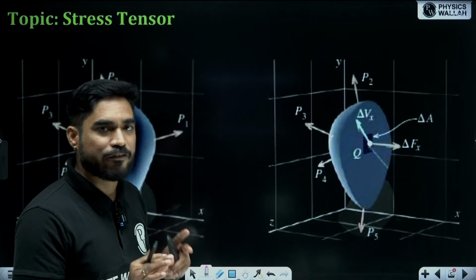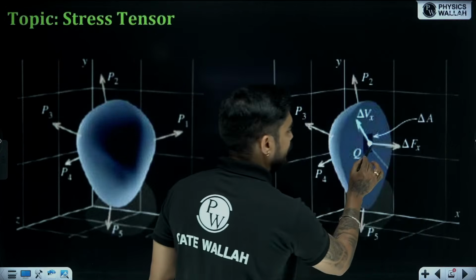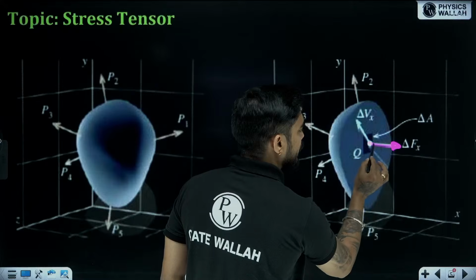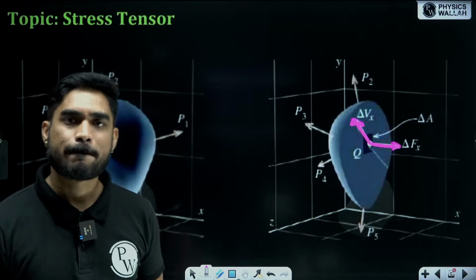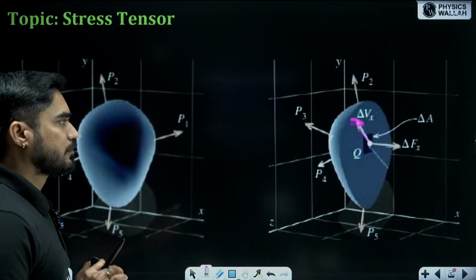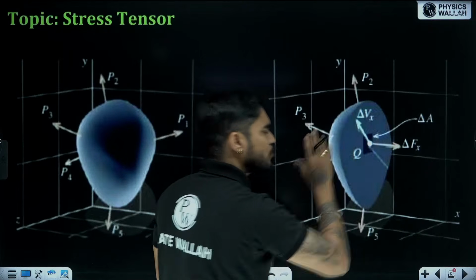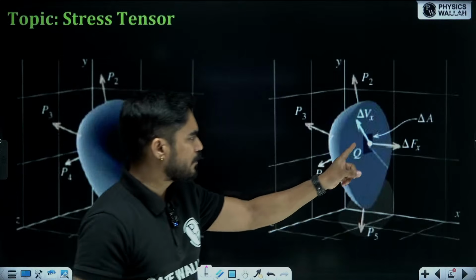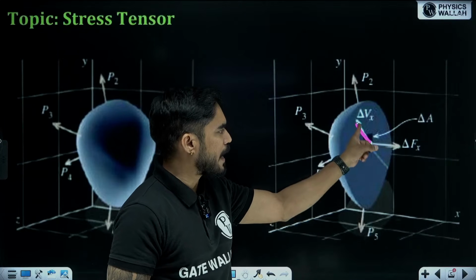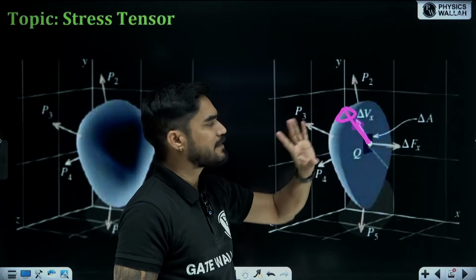Now all these internal forces can be resolved into two components. You can have two resultants of all these internal forces. One will be normal to the plane and one will be parallel to the plane. Now you can resolve all these resultant forces into three components. One component is normal, other is parallel, but this parallel component is right now inclined at some angle.